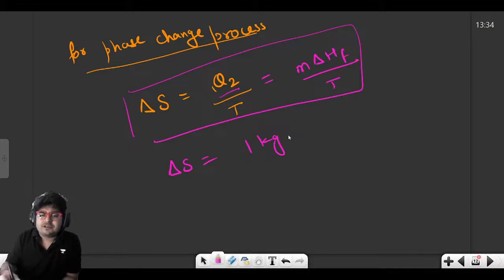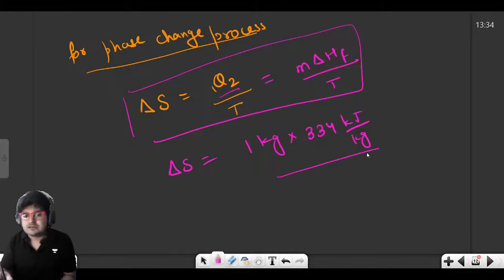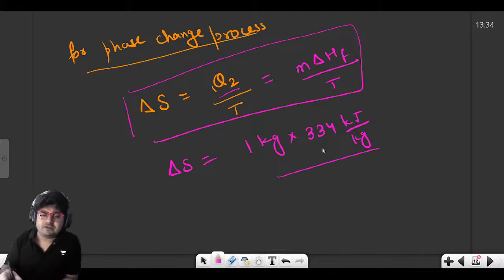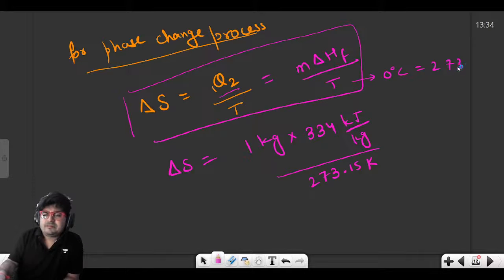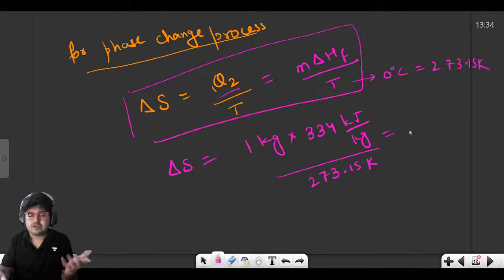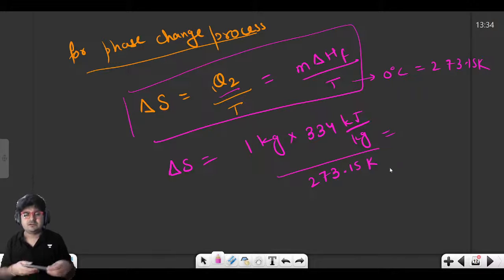Let the mass of the water or ice be 1 kg. Latent heat of fusion is approx 334 kilojoule per kg at 0 degree Celsius. We know that. And temperature is 0 degree Celsius, or you can say 273.15 Kelvin, or you can write 273 Kelvin itself. Doesn't matter. So here you can see this value will be 334 upon 273. So almost 1.1 something, whatever. You can check. ठीक है?